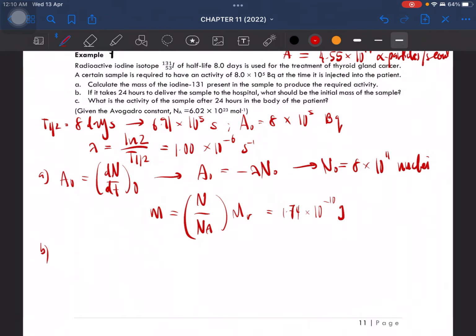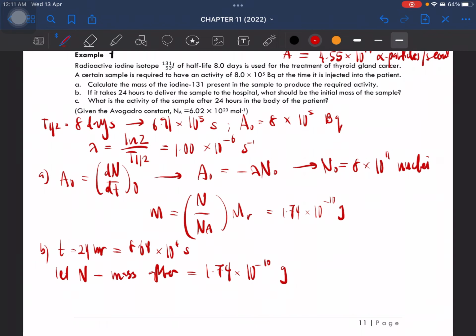Then question B, it takes 24 hours to deliver. Converting 24 hours into seconds, it is 8.64 times 10 to the power of 4 seconds. We can let N be the mass after 24 hours, which is 1.74 times 10 to the negative 10 gram.